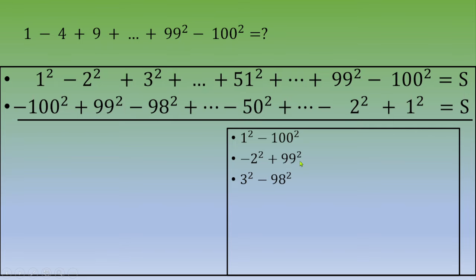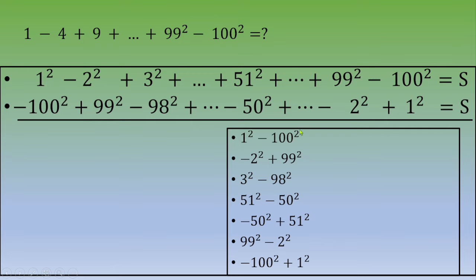Now you understand the concept, and the next step is 51 squared minus 50 squared. Let's focus on the next two terms, minus 50 squared plus 51 squared, all the way down to 99 squared minus 2 squared, and the last two terms are negative 100 squared plus 1 squared.